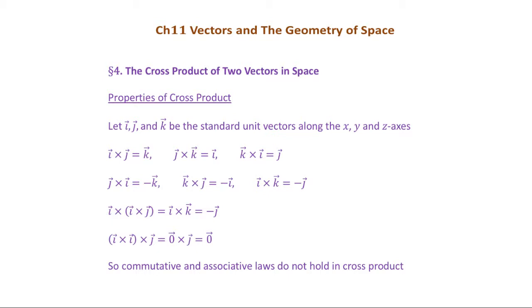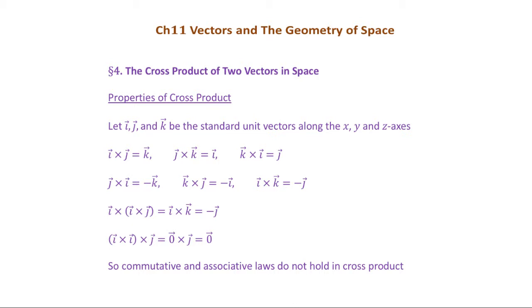It turns out that i cross j equals k, and you can easily check this by the right-hand rule. From the x axis to the y axis, you rotate, and then your thumb would point to the z direction. That verifies the direction.